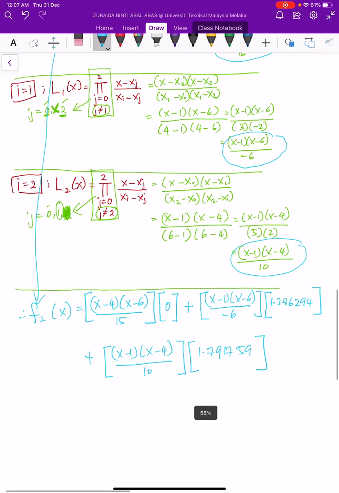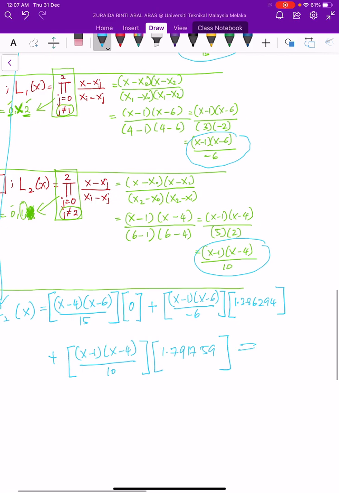Basically, this is the equation for the second order Lagrange.